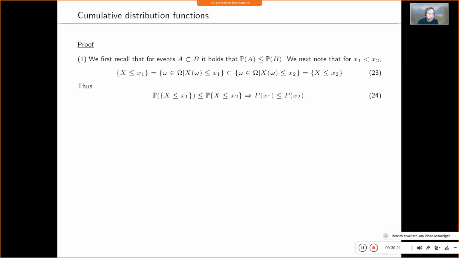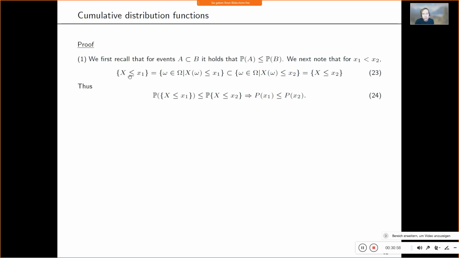Then if x1 is smaller than x2, the event that the random variable takes on a value smaller or equal to x1 of course corresponds to the set of the omegas in the elementary outcome space which are mapped onto values that are smaller or equal to x1, which are of course a subset of those which are mapped onto elements that are smaller or equal to x2, because x2 is assumed to be larger than x1.